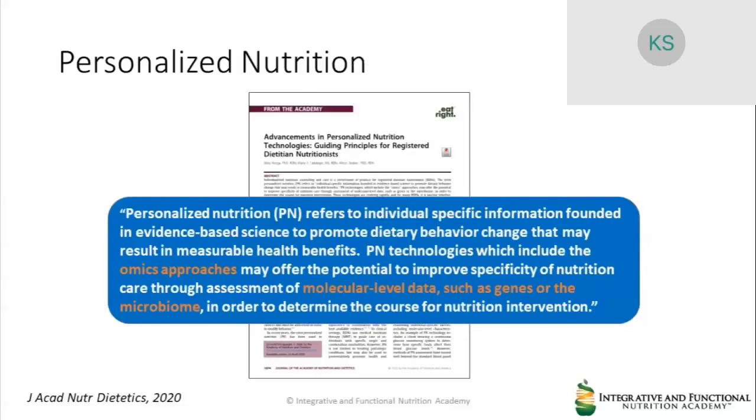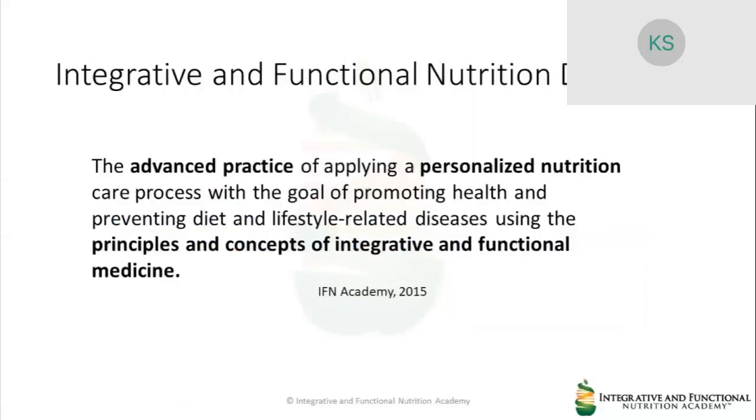And so personalized nutrition technologies that we need to stay on top of include the various omics approaches that offer potential for us to really hone in and get more specific on the nutrition care that we deliver, because we can then assess molecular level data such as genes or the microbiome, and this helps us again determine a more tailored, personalized course of the nutrition intervention.